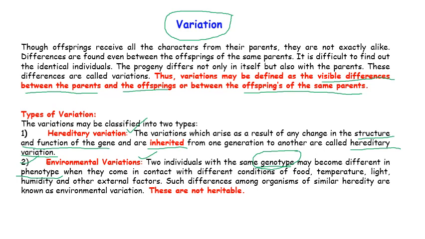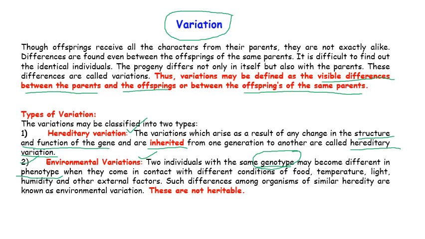It is the genetic makeup of an organism, of an individual, and phenotype is the physical appearance. Two individuals having the same genotype should actually have the same phenotype, but you will see they may differ in phenotype. Why? Because they are exposed to two different environmental conditions.